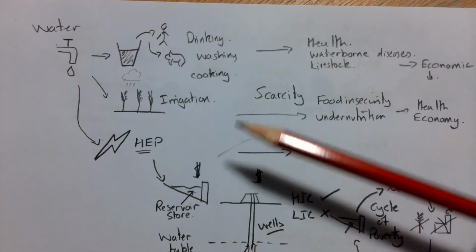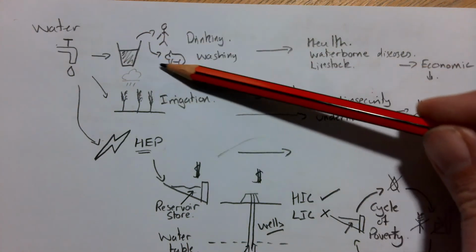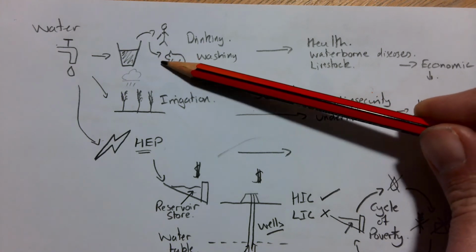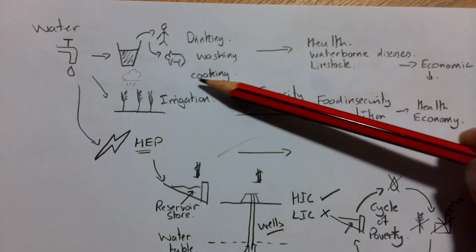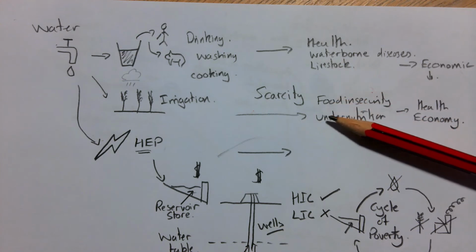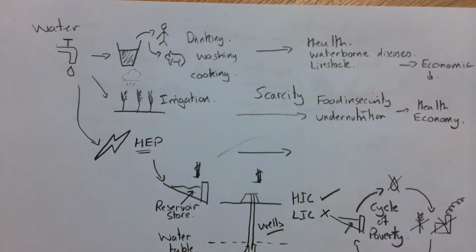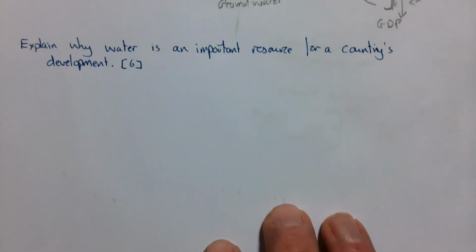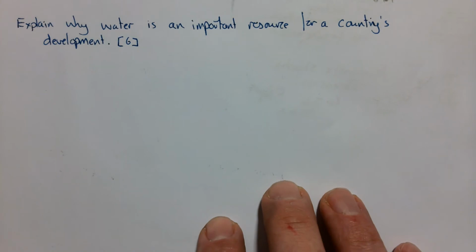So we want to link what it's used for and how that, if we have enough, how it helps a country, and if we don't have enough, how it is problematic for a country. Have a go and then come back and compare it to my answer. Pause the video and good luck.